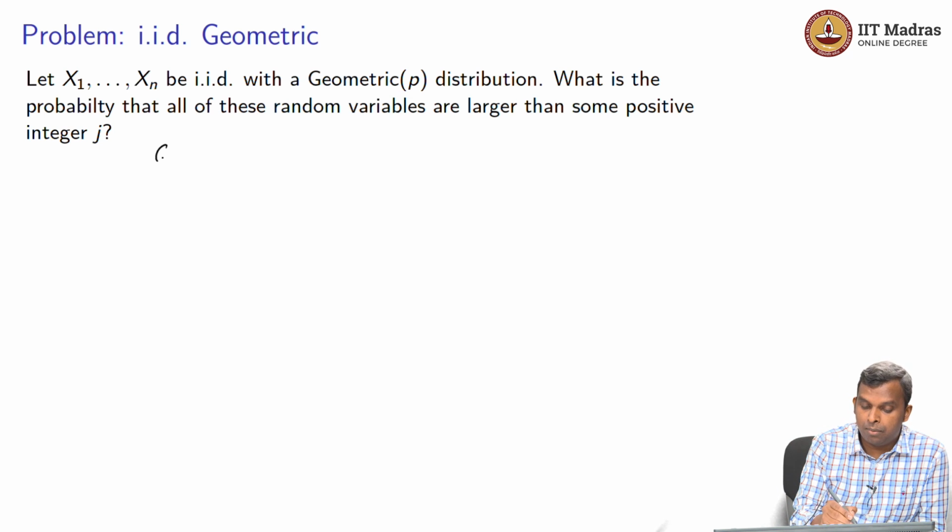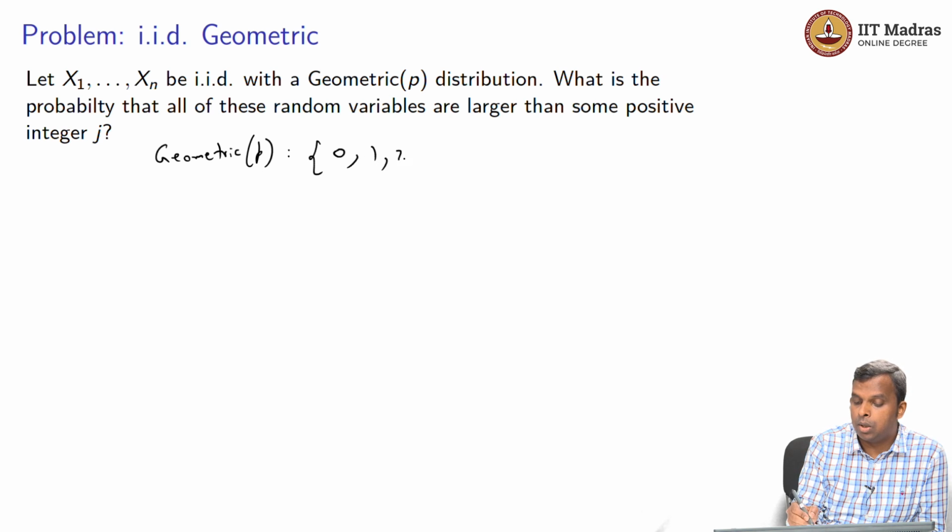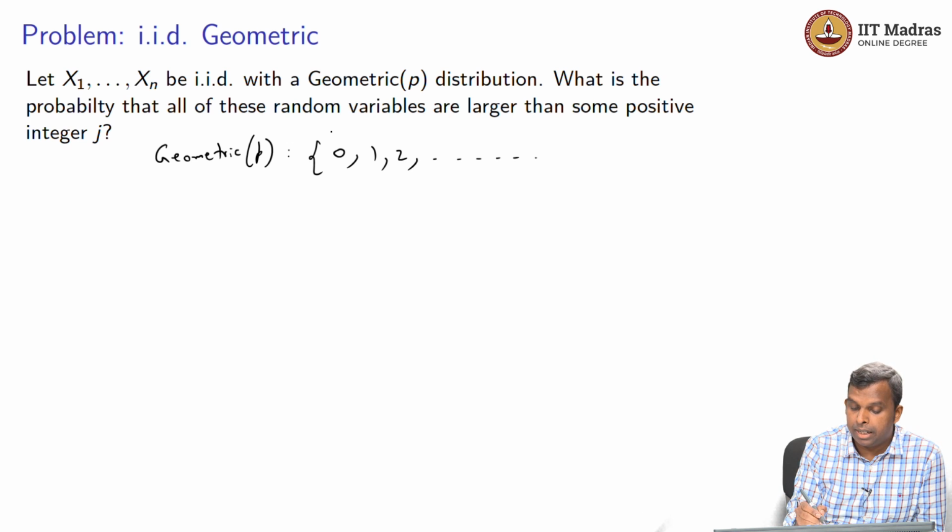So what is geometric p? It takes values starting with 1, 2, 3, and so on. I'm sorry, it starts with 1, I keep forgetting that.